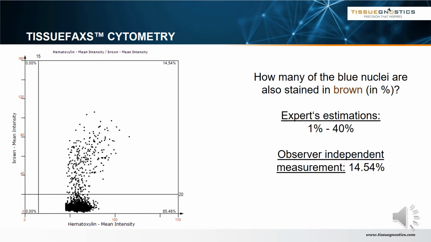And as we can see here, based on this cutoff, which has been set on an isotype matched negative control, 14.45% of the cells are positive for the marker in brown. In other words, 14.45% of the cells are Ki67 positive, and this is our proliferating population.